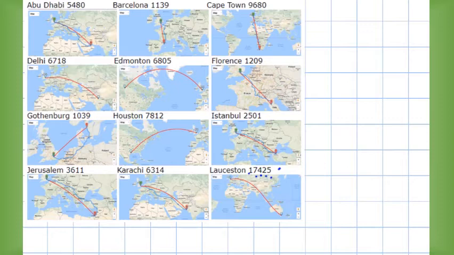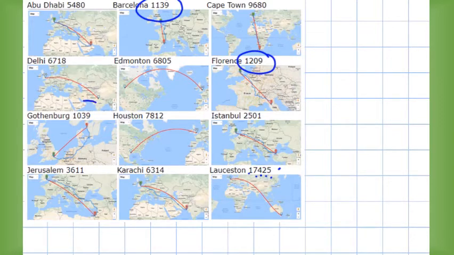So now everything else has got 4 digits in the number. So I'm going to look at the thousands number first, and I'm going to put those in order. So I'm going to look for the thousands number which only have 1,000 kilometres in them. So I've got Barcelona, which is 1,139. Then I've got Florence, which is 1,209.